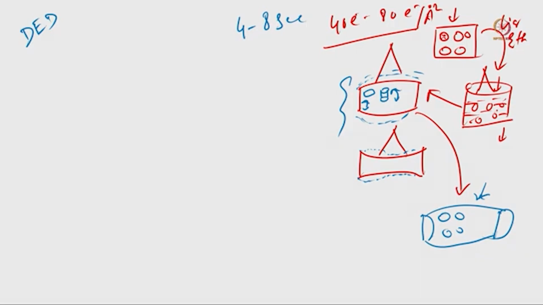So now if you use a 4 second or 8 second exposure, and you consider the total electron dose is 40 electrons per angstrom square, and you are collecting an 8 second exposure, you can tell that you are splitting this 8 seconds into more frames.